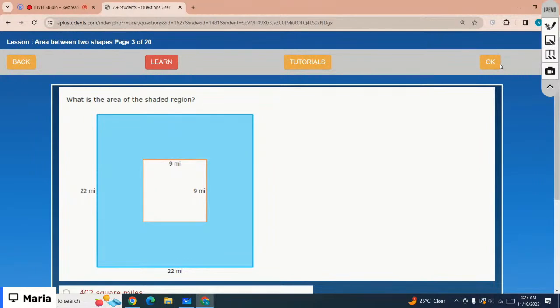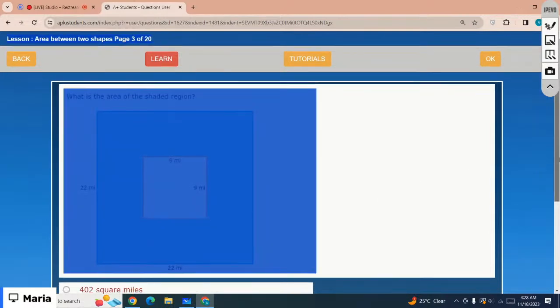What is the area of the shaded region? Which is the correct option? The correct option is, okay, let's see, 403 square miles.